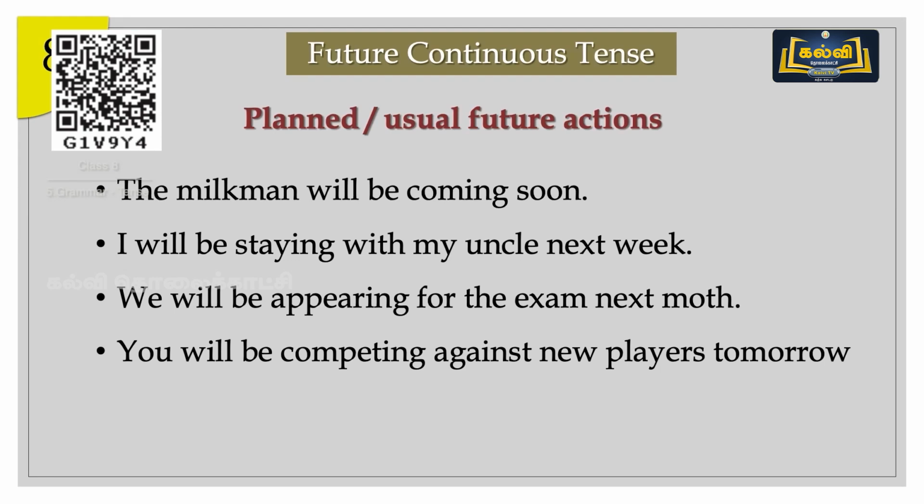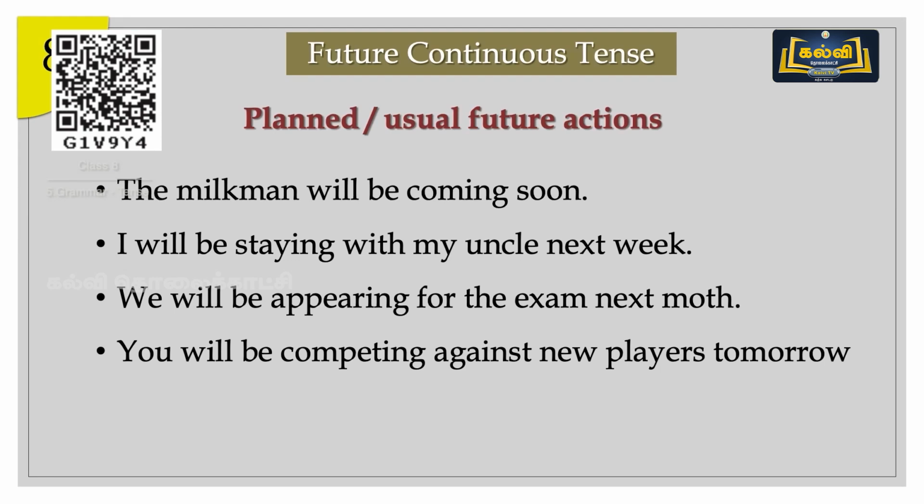Second usage of future continuous tenses. Planned usual future action. For example, the milkman will be coming soon. Usually this is the time milkman is coming. So you are just predicting that he will be coming soon. And next example, look at the screen please. I'll be staying with my uncle next week.